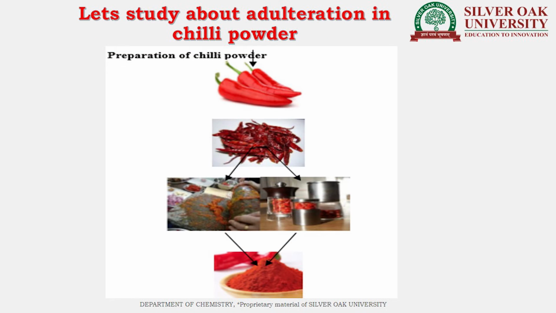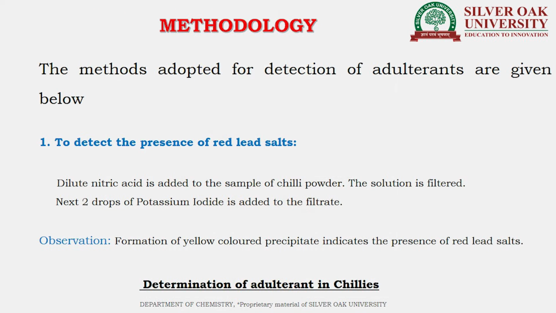Let us study the adulteration in chili powder. There are certain methods by which we can detect the presence of adulteration in chili powder. First method, to detect the presence of red lead salt.